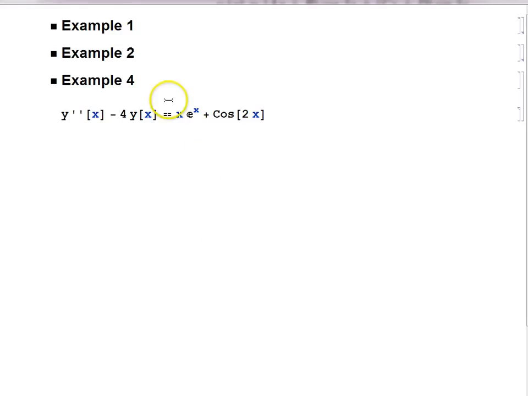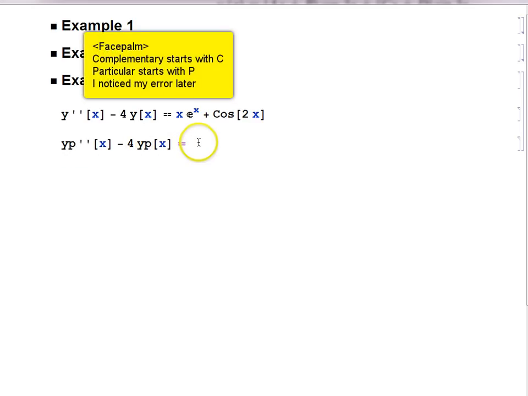Step 1, we want to tackle the complementary equation, right? So we pull this down, we put some h's on it, and we're trying to solve that. So what are we doing?